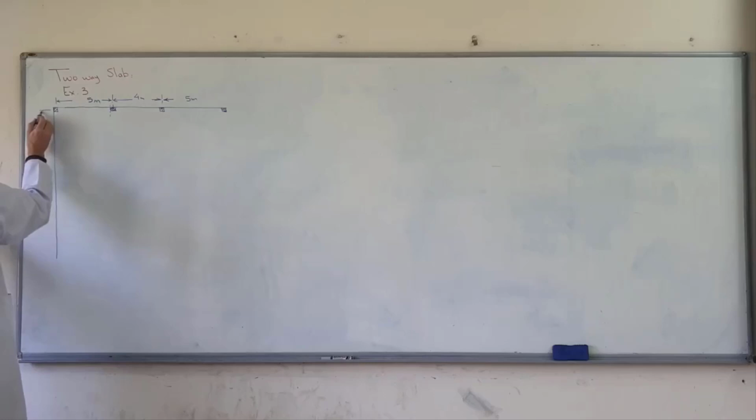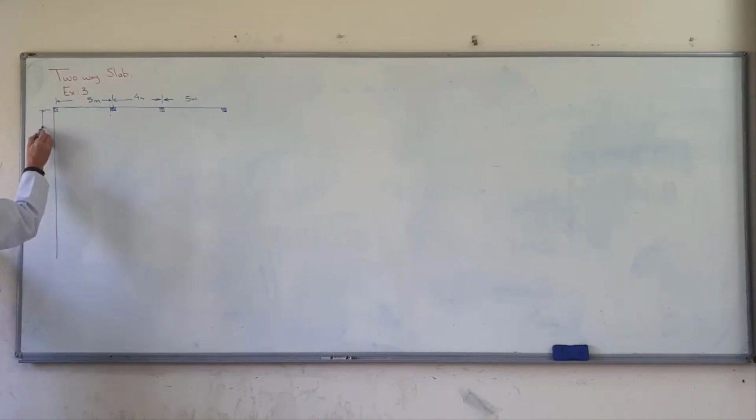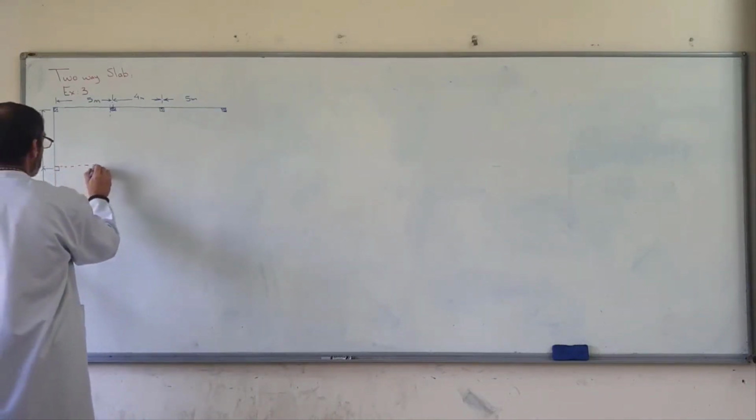Now, vertically, from center of this column, we have 6 meters. Also I have 6 meters in this direction, and in this direction we have 6.5 meters.